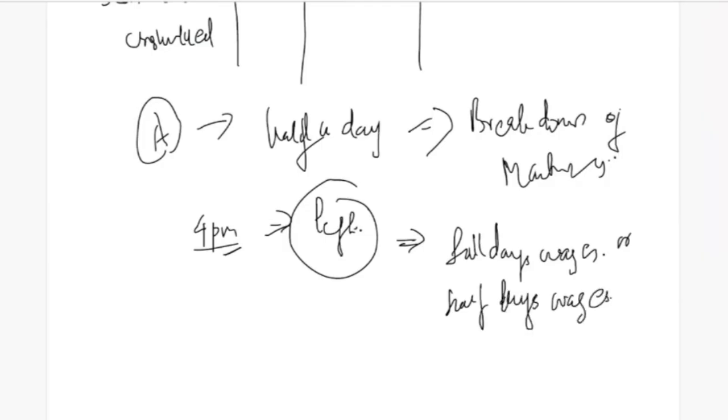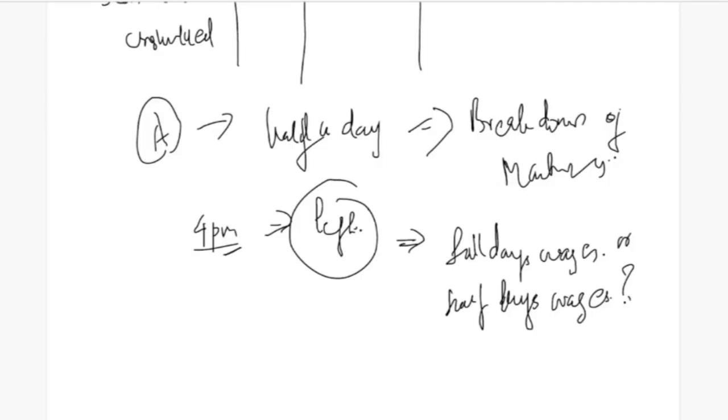What do you think? What should the employer do? Should he pay a full day's wage to this person or a half day's wage? Full day's wages, yes. Because this particular action was not because of a fault of his.